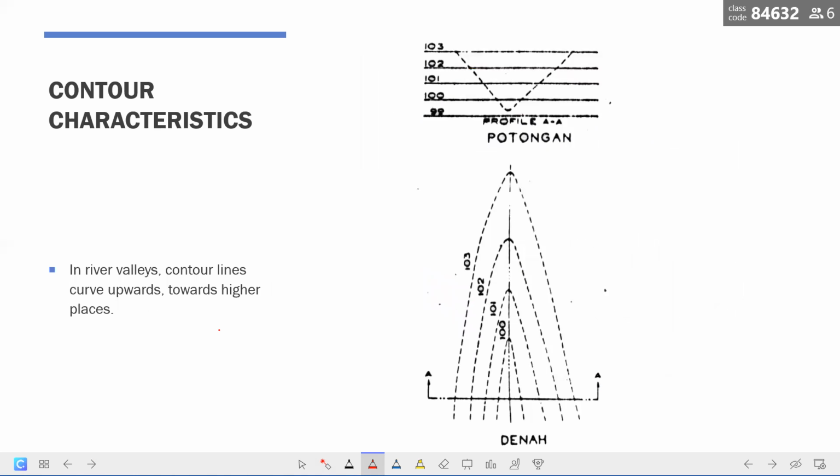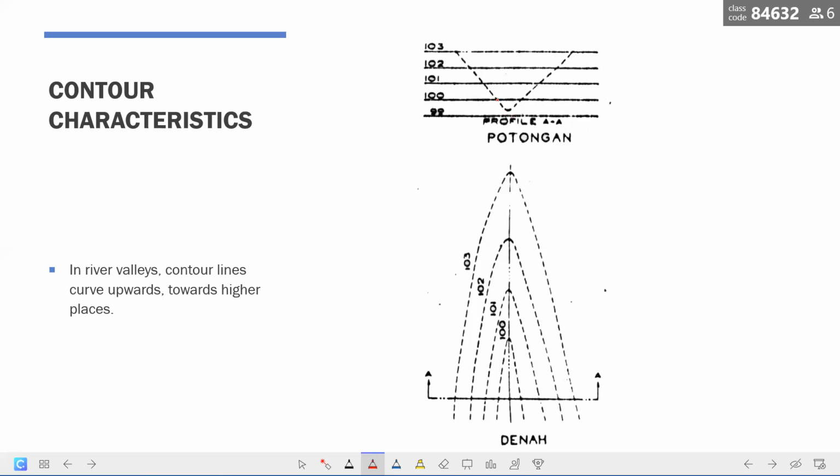Now, in river valleys or in valleys, contour lines curve upwards, generally pointing towards higher places. So with the same interval but a different landform, if you see this sort of land formation on the map, and if you cut a small section of it, you will be presented with this sort of profile right here.